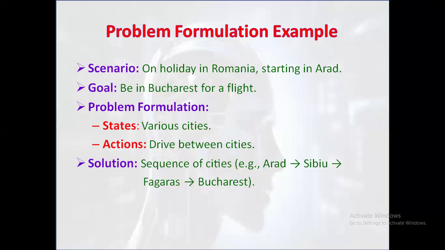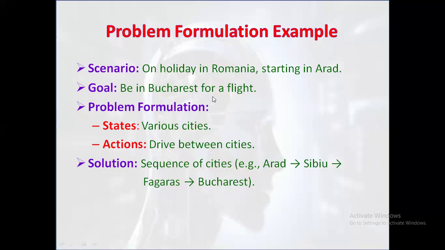This scenario is a typical problem solving situation where the agent must navigate through a series of cities to reach its goal. And the goal is to be in Bucharest, which is a specific, measurable, and achievable target. This goal guides the agent's action as it searches for the most efficient path.